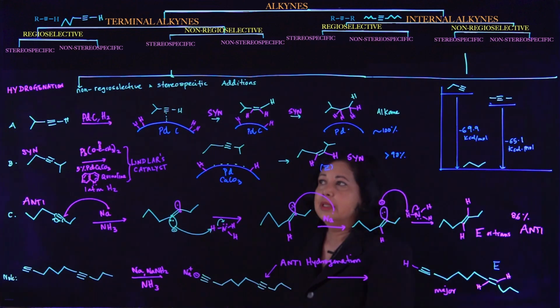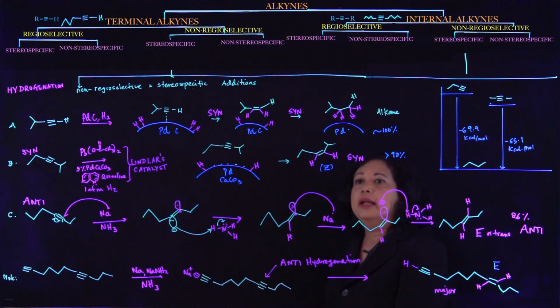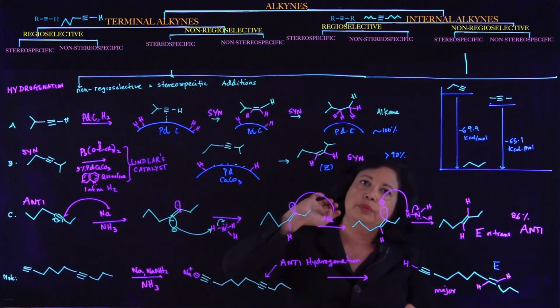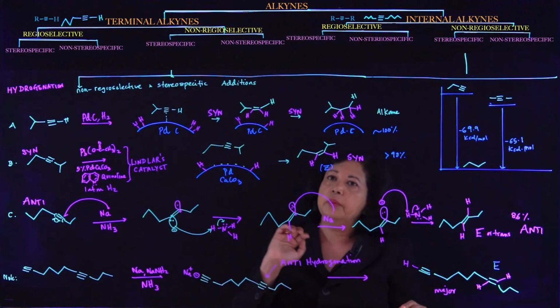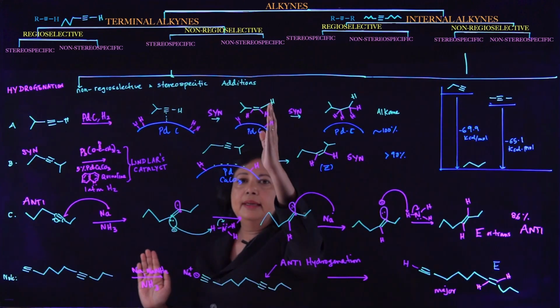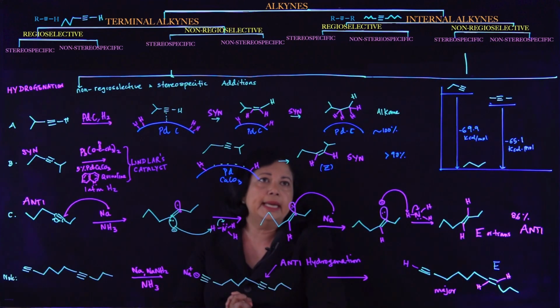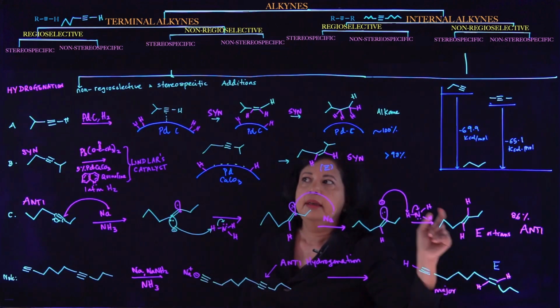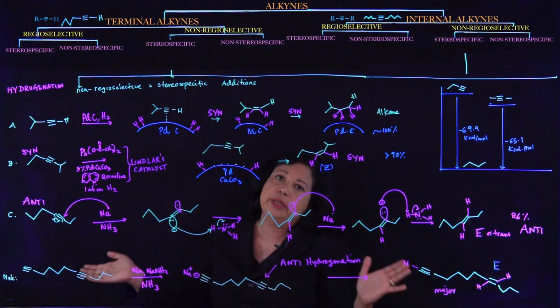All right, in summary, additions to alkynes can happen on both pi lobes. If you get addition of hydrogens to both lobes, you would get an alkane. However, if you want to stop at your alkene, we can choose whether we want to get a Z alkene or an E alkene. The way to do that is to vary the reagent.